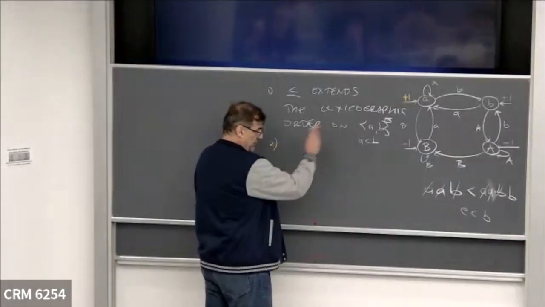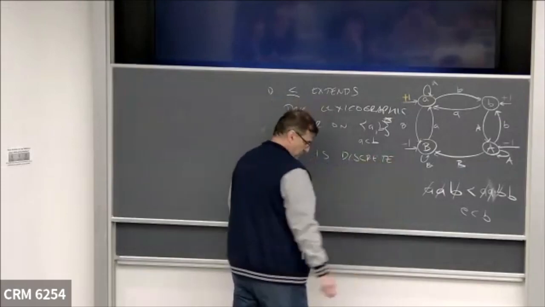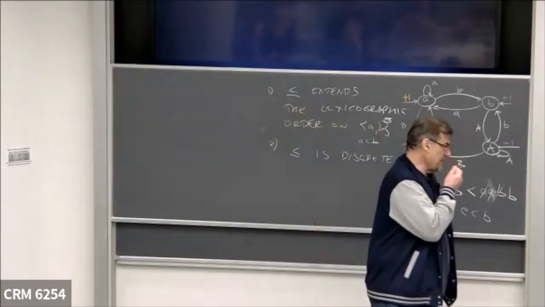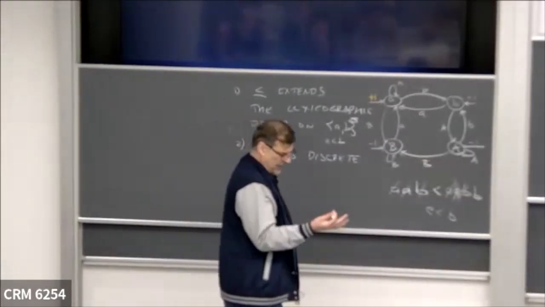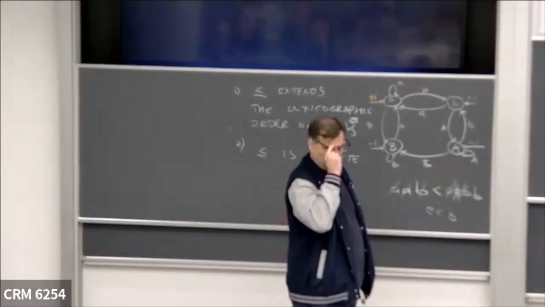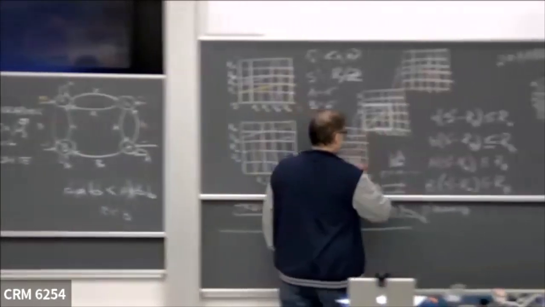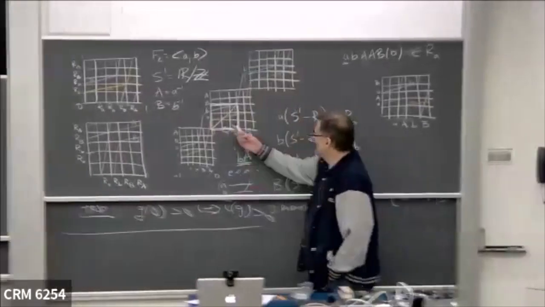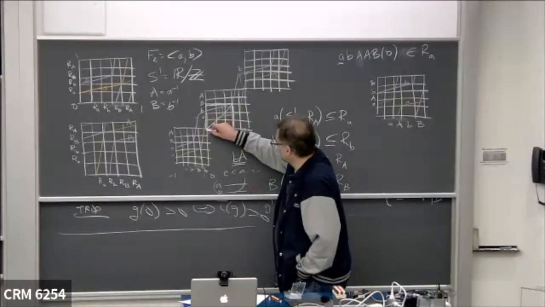Another thing that you can see in the picture is, to remind you, the order is discrete if every element has a successor and predecessor. Or to say it differently, there exists a smallest positive element. The smallest positive element is A. And again, it's obvious from here. What happens when you apply A to 0?